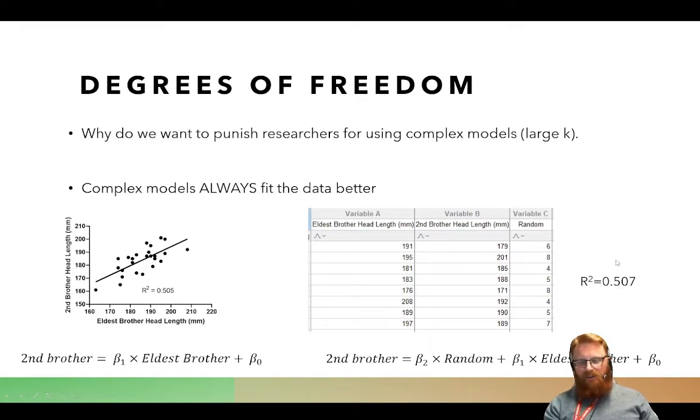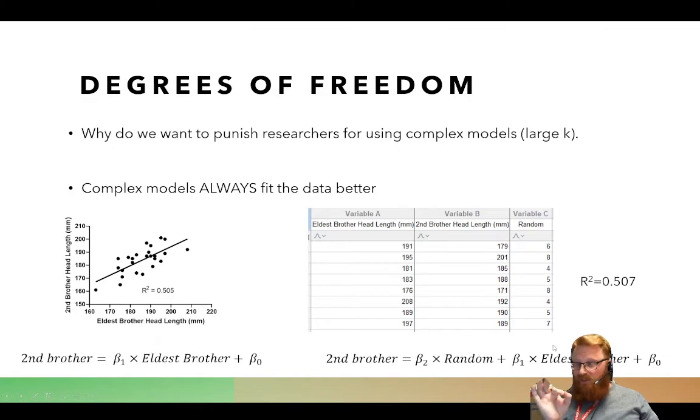And the reason you can sort of justify this to yourself is that, let's assume the random number does not help fit this line. There's no information in there. Well, if that's the case, the model can set beta to 0, and it will multiply this data by 0, so it will be like it's never there, and the R squared will be exactly the same as the model without this data.